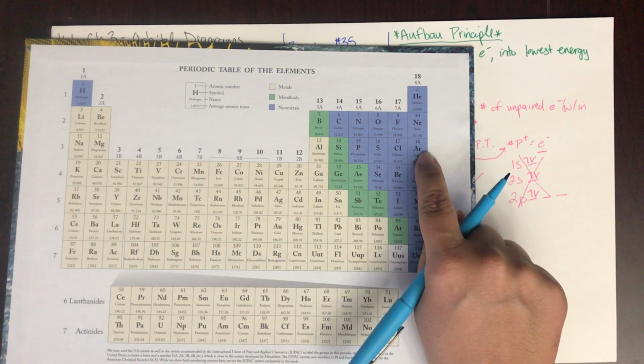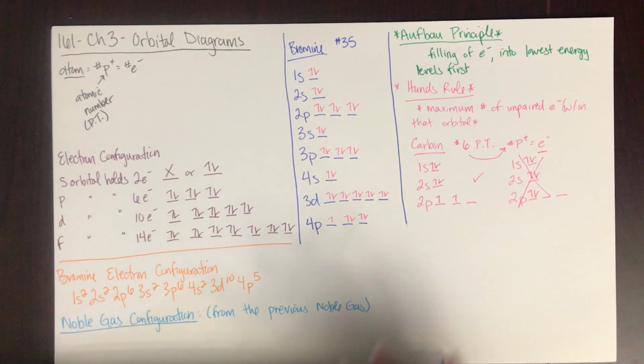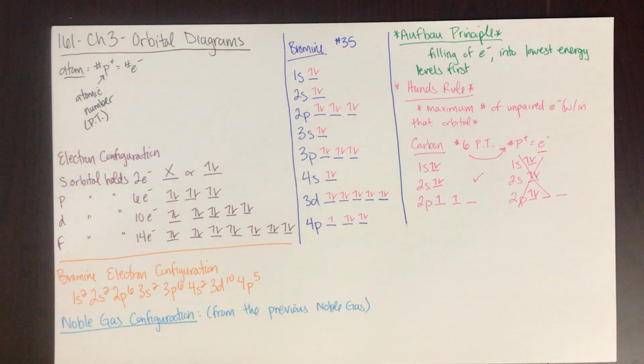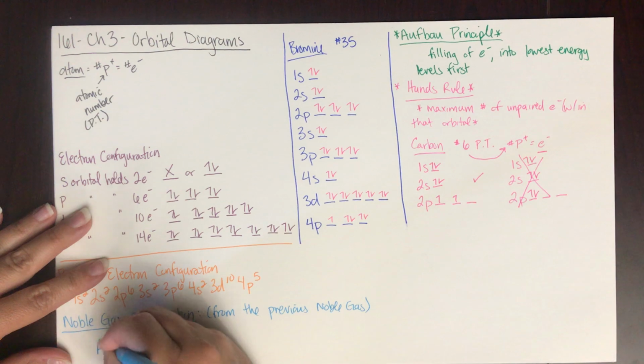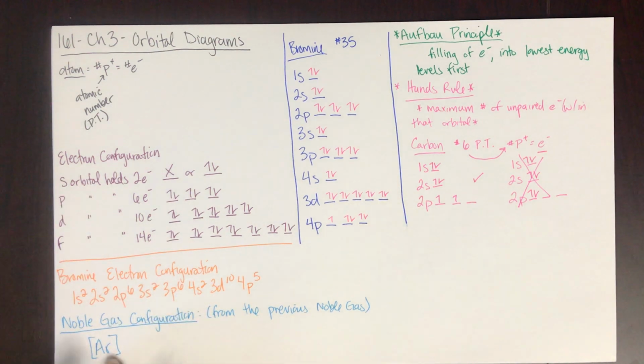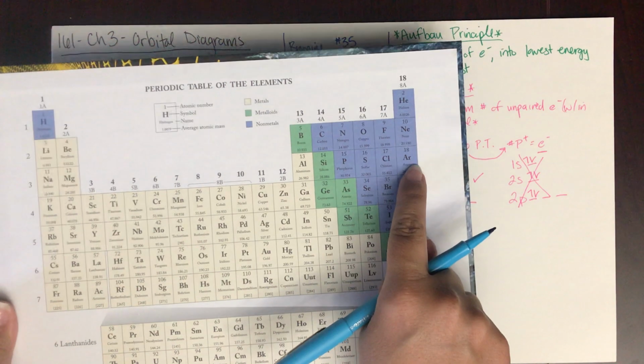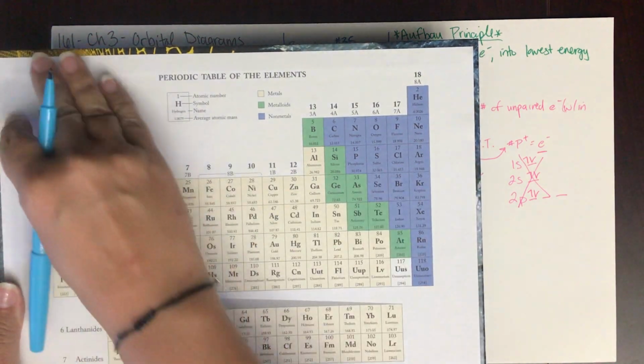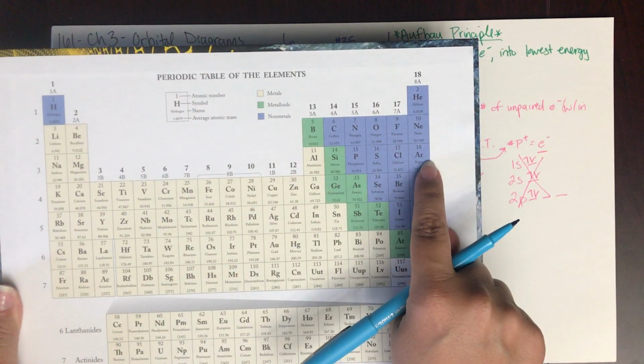So the way we write it is we write the previous noble gas, argon, in brackets. This represents all of the electrons up until this point of argon. It's like writing all of this out and stopping here.